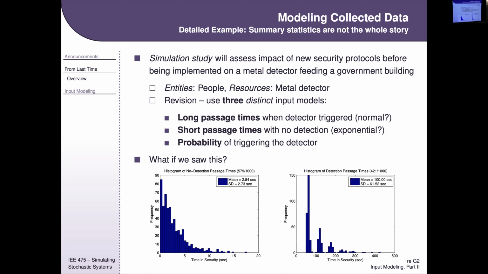So before, think of it another way, in a previous example I did, I had two groups. I had a group that went through very quickly, and another group that got tagged for extra screening, was manually checked and then allowed to go through. So we had one group that was quick, another group that was slow, but they all ended up going through.